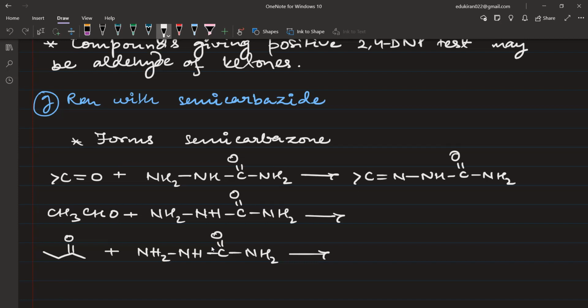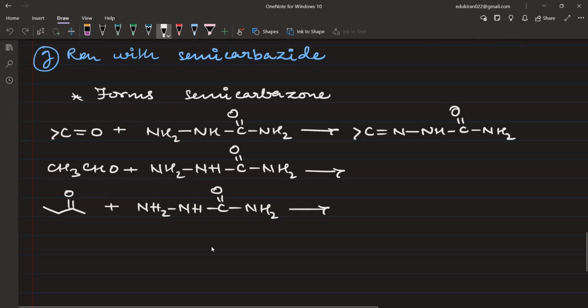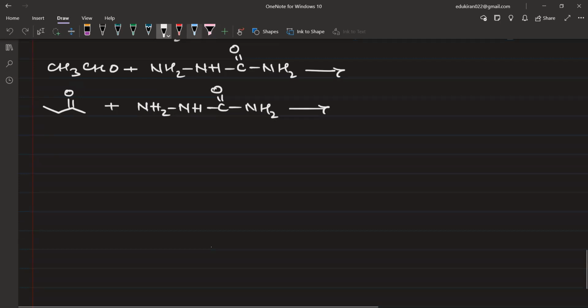Write this down, reaction with semicarbazide, and then we are going to do addition of hydrogen cyanide. Now this is the second reaction of aldehydes and ketones.